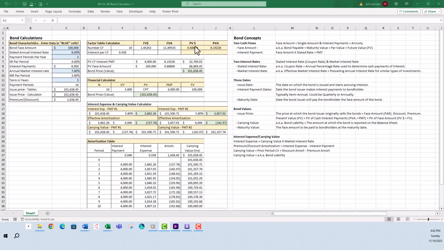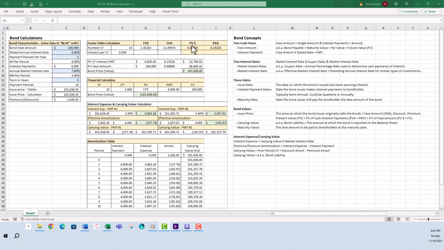The annuity amount, which is the cash payment of interest that takes place each period, and the single sum or lump sum, which is the face amount that must be paid at maturity. When calculating the value of a bond, we discount the cash flows to determine their present value. So the only columns we are concerned with are the present value of a dollar and the present value of an annuity.